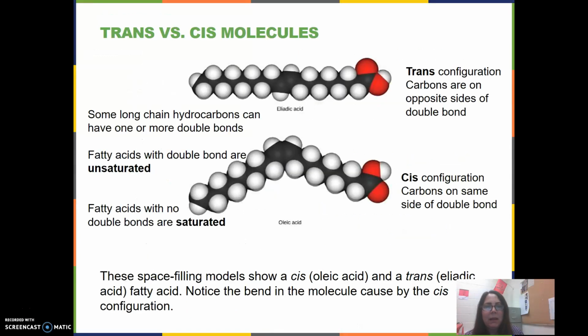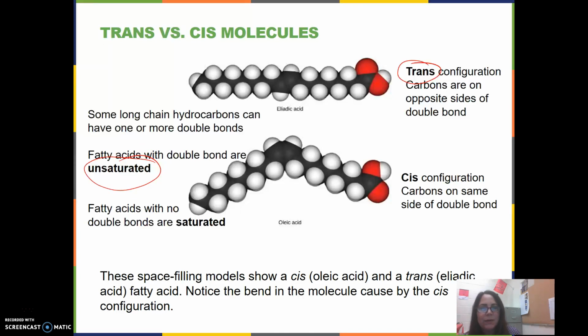Trans versus cis molecules: the trans conformation puts the carbons on opposite sides of the double bond, so the trans conformation tends to be a straight chain, and the cis configuration tends to be a bent chain. So fatty acids that have a double bond are unsaturated, and those are going to be fatty acids that are found in oils.